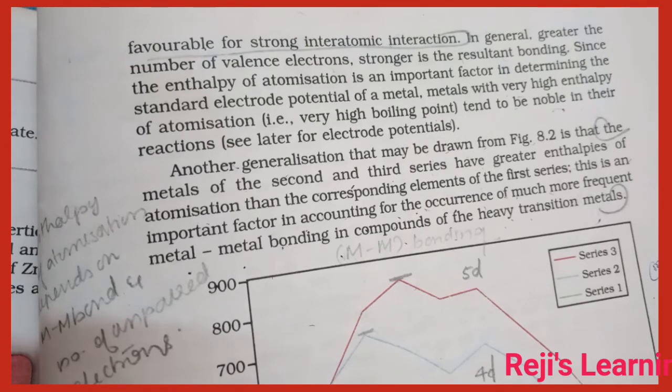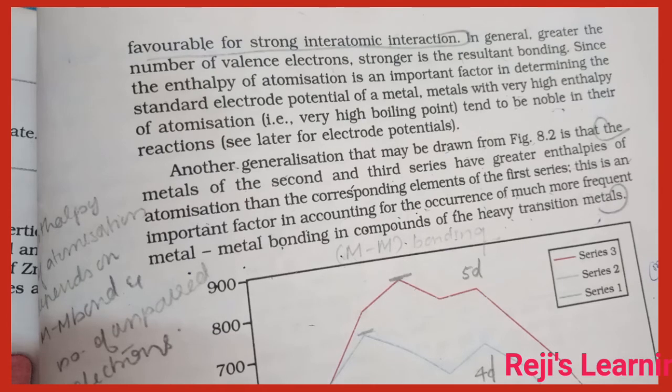This is an important factor in accounting for the occurrence of much more frequent metal-metal bonding in compounds of the heavy transition elements.